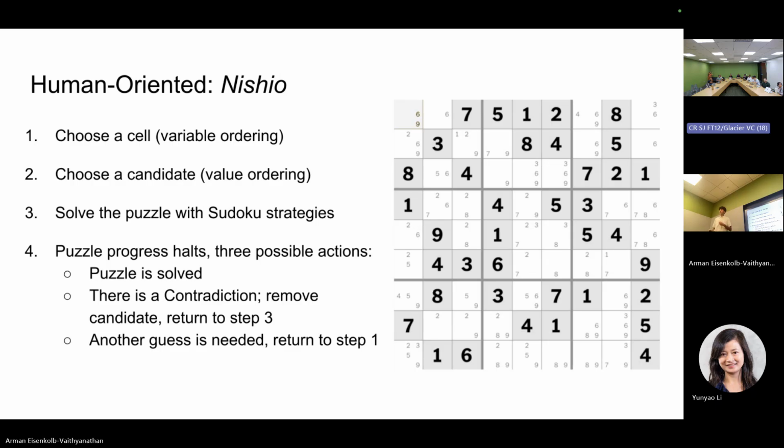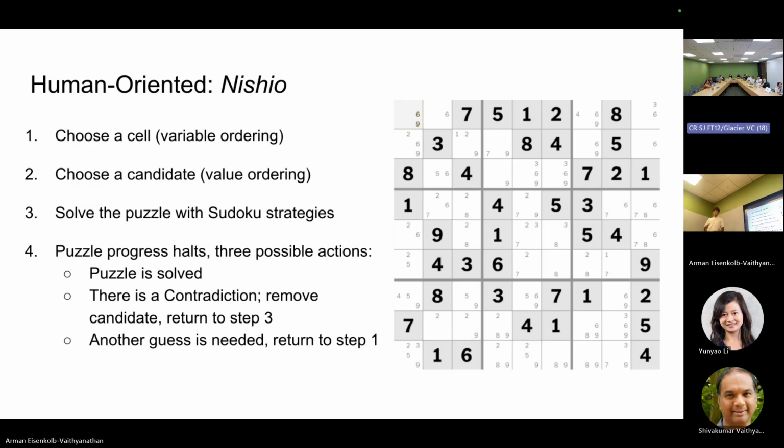Once the Sudoku strategies cannot make any more progress, there are 3 possible situations the solver could face. 1, the puzzle is solved and there's no action needed. 2, there's a contradiction in the puzzle, which, if you remember, means a cell has no candidates. This means that the candidate we originally guessed was wrong, and we can remove that as a candidate.